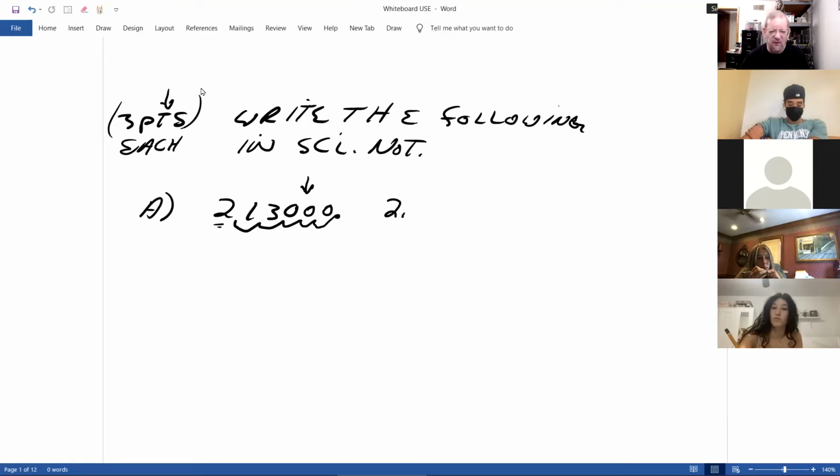So this is 2.13. Now it's 10 to the power. And what's the power there? How many times did we have to move it? 1, 2, 3, 4, 5. So this would be 2.13 times 10 to the fifth.